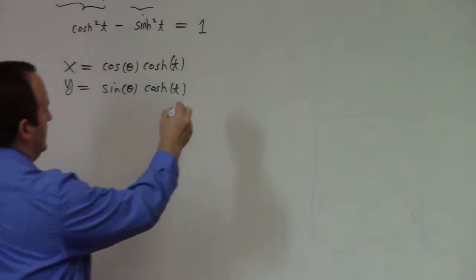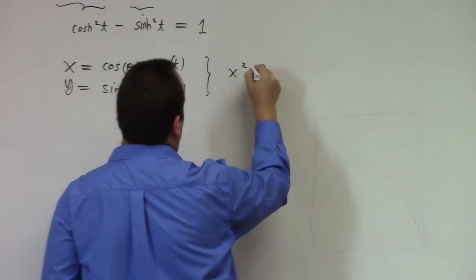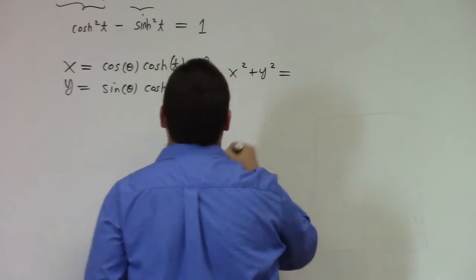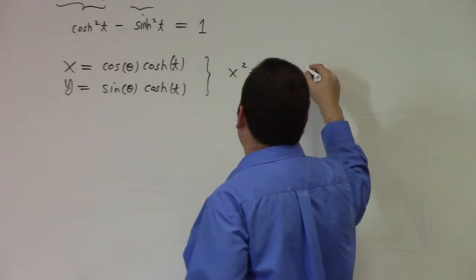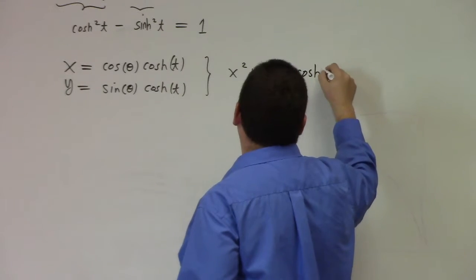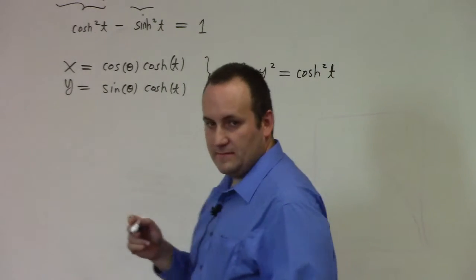I know sine squared plus cosine squared is 1. So if I give you those formulas, when you say x squared plus y squared, you get what? Yeah, you get cosh squared t, right?